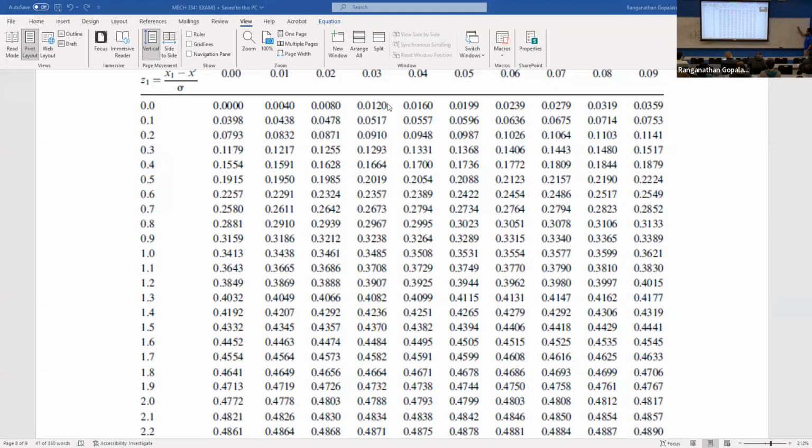What did I tell you? To hold this thread and flip the page. Okay, so this integral is nothing but 0 to 1 of the integral. So this is in effect 2 times 0 to 1. And how do you get 0 to 1?